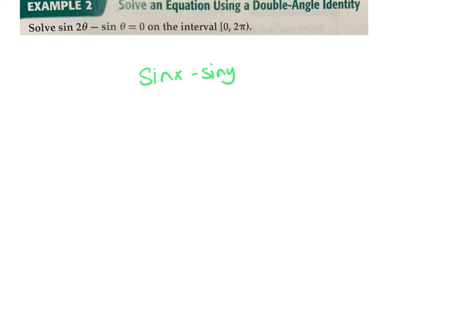And so before I can do anything, I have to rewrite one of these. Well, the only one that even can be rewritten is the sine of 2 theta. And so I am going to rewrite this, and I'm going to say, instead of sine of 2 theta, I'm going to say 2 sine of theta cosine of theta, and then I can say minus sine of theta equals 0.